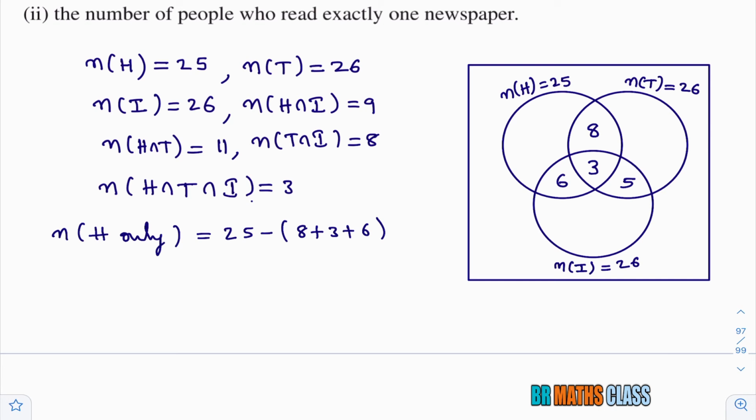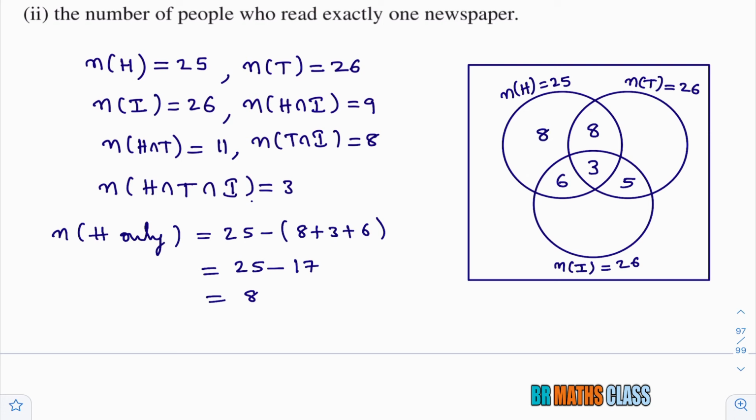If I calculate this, I'll get the number of people who read H only. 8 plus 3 plus 6 is 17. So 25 minus 17 is what? 25 minus 17 is 8. So you observe here, this zone I got. The number of people who read H only is 8.